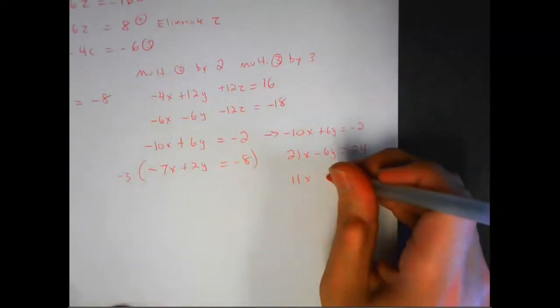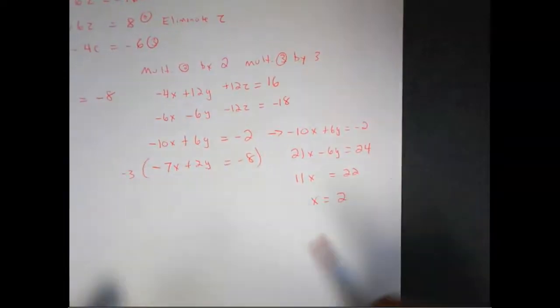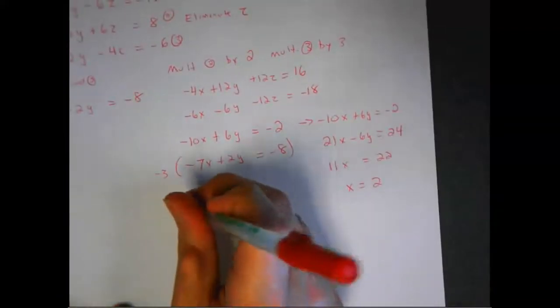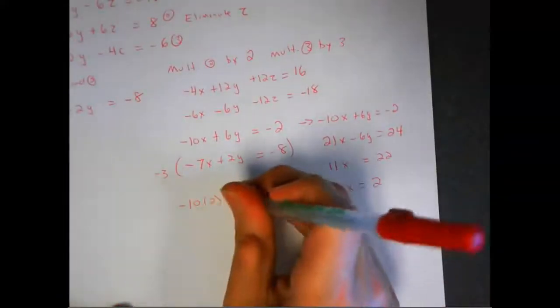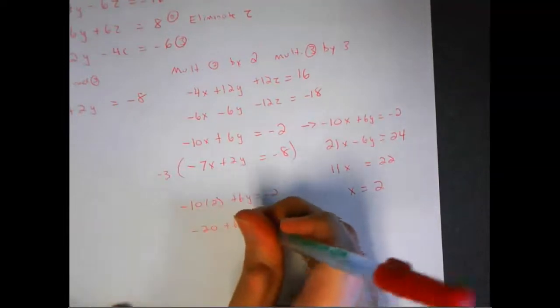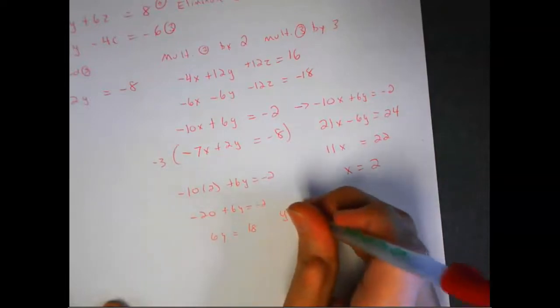The y's cancel, so x equals 2. Plug that in to find y. Negative 10 times 2. So y equals 3.